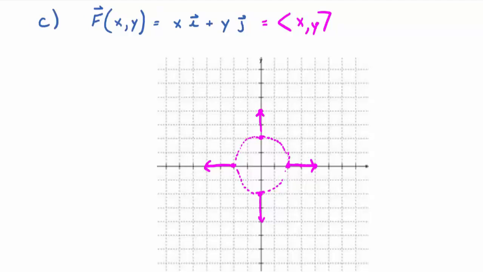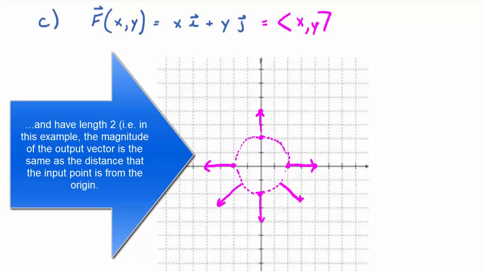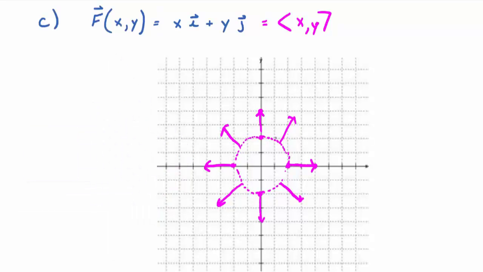So any vector on this circle is going to point outward like that, and it's going to look kind of like an explosion, except that as you go out, the vectors get bigger. So if you looked at the points on the circle of radius 1, then any input on that circle is going to go out in the same direction, the same distance that the vector itself is from the origin.